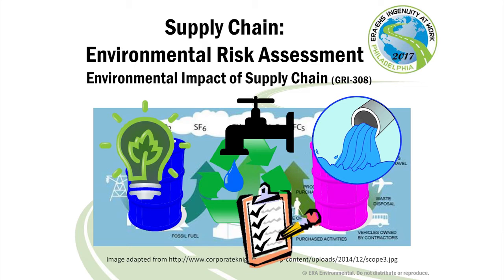How many of those are reclaimed? How many are new? You want to have a good sense of whether or not they're sustainable from the material reuse perspective. And then you also want to look at their energy usage, their water usage, their waste management, and their environmental compliance. So basically everything that we looked at before, you need to do as well for your suppliers.